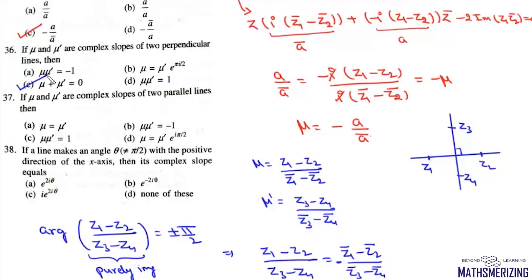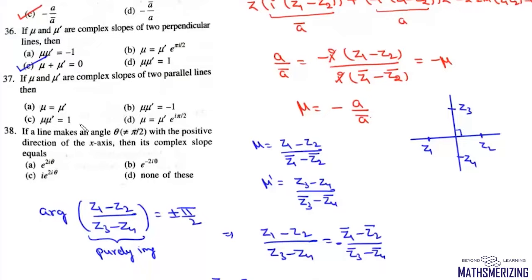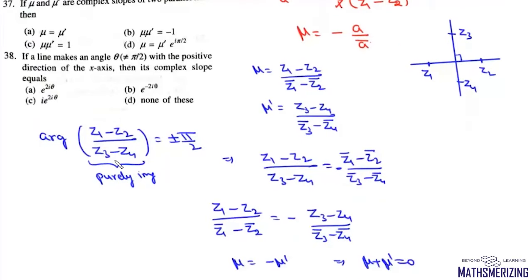Now the next one is, if these two lines are parallel, then what? If the two lines are parallel, then in that case, this argument won't be pi by 2, it will be simply 0 or pi, and if it is 0, then it is purely real. And if the complex numbers are purely real, then Z is equal to Z bar.